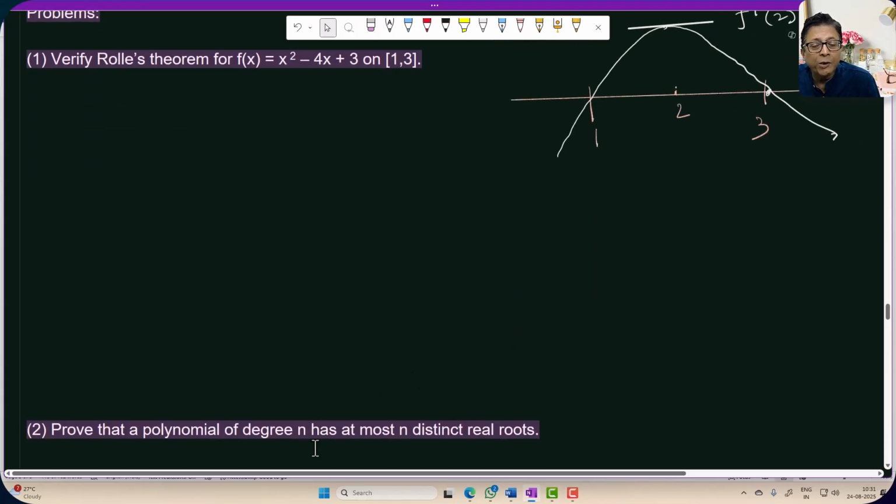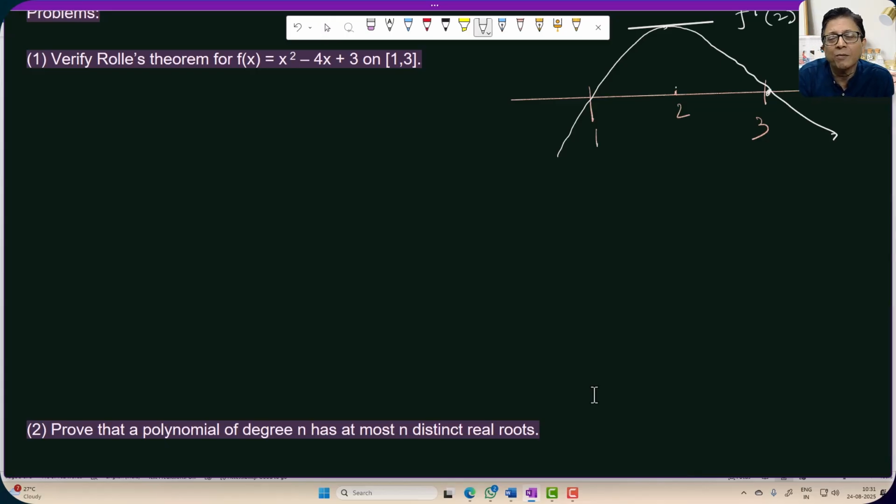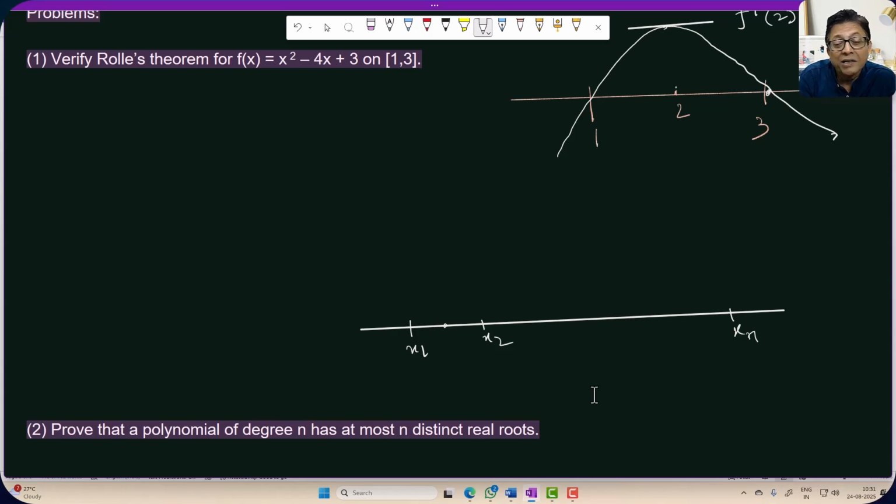Now, prove that a polynomial of degree n has at most n distinct roots. Already stated, no? Because if a polynomial of degree n is there, their roots are x1, x2, ..., xn. They are distinct, x1 to xn taken as roots of polynomial f(x).